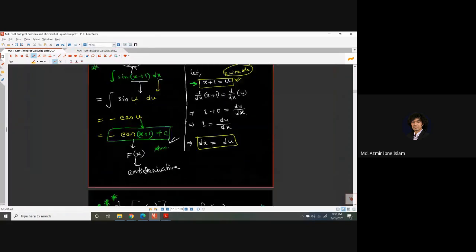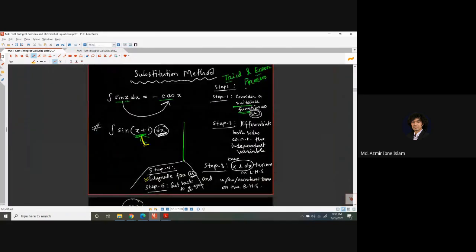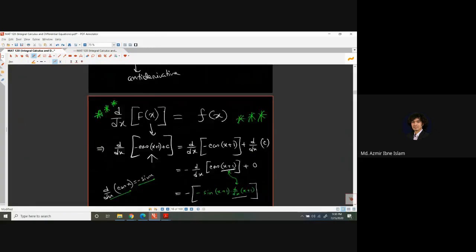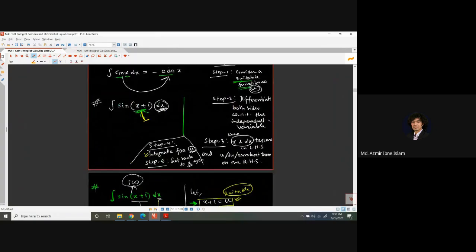steps of the u-substitution method. Step 1, consider a suitable function as u. Then in step 2, we have to differentiate both sides with respect to the independent variable x.